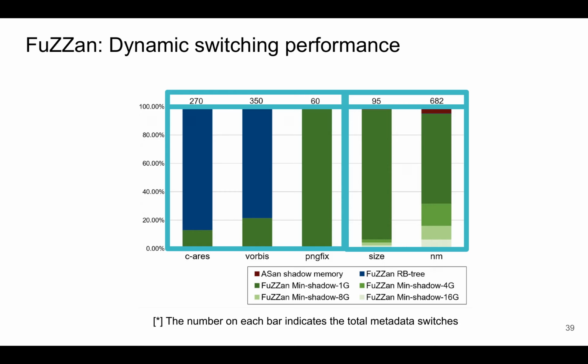But then other applications use the red-black tree never. And NM, here in this example, we actually see that we fall back to regular ASAN shadow memory a couple of times because we're just allocating so much memory due to some of the faults that we triggered that it just ran out of whatever our minimal data structure supported.